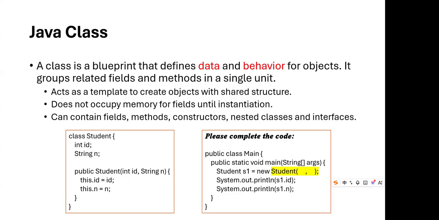Within this line, the new Student, what parameters should we pass to it? For example, if I want to create a student, maybe you can use your own name or own ID. Any volunteers can complete this line of code?